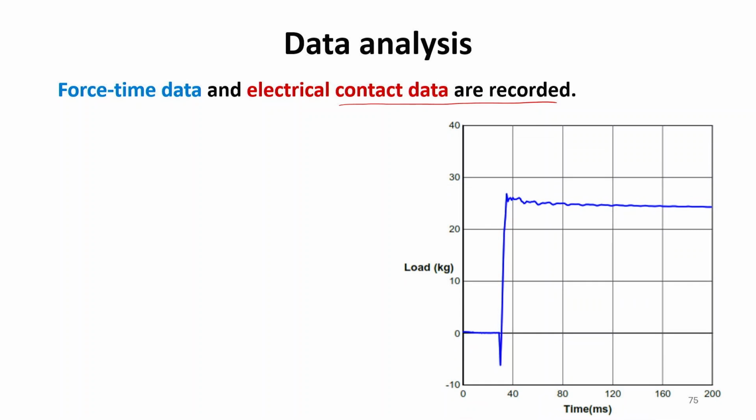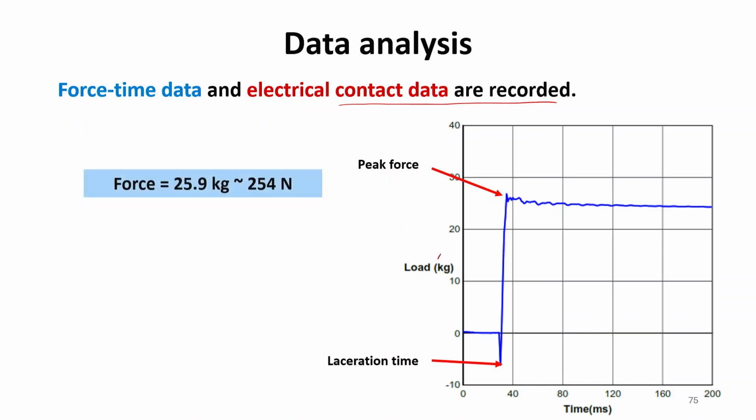Here, on the x axis it is time in millisecond and on the y axis it is load. This is the peak force and laceration time. The force is 25.9 kg, that is 254 Newton.